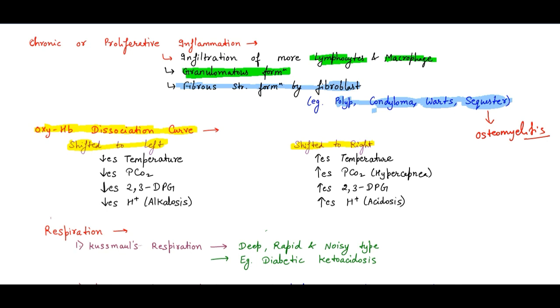What you need to remember: temperature, partial pressure of carbon dioxide, 2,3 DPG, and H positive. Decrease in temperature, partial pressure of carbon dioxide, 2,3 DPG and H positive shifts the curve to the left, and increase in everything shifts it to the right.